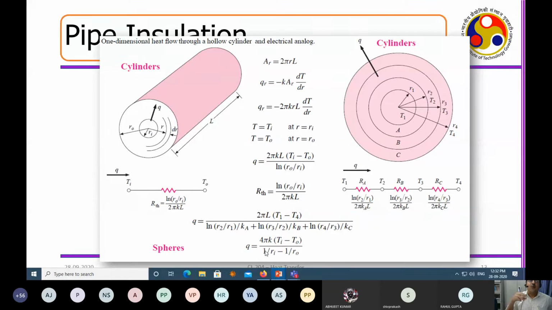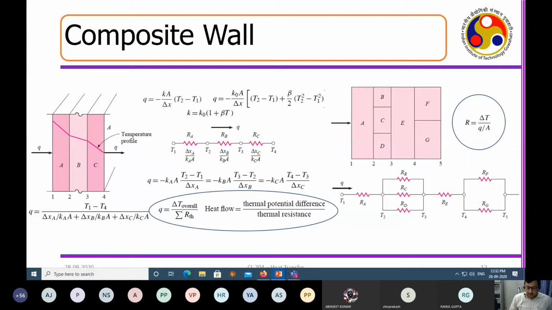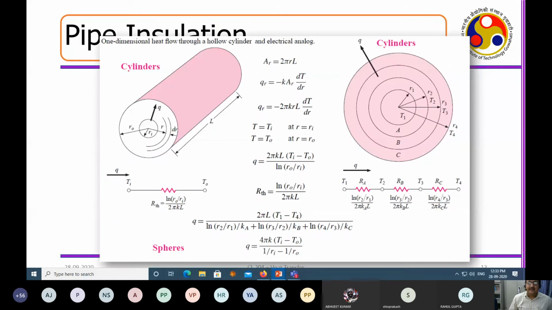One very important aspect from these two slides is that although the resistances remain additive, geometry has a huge influence on the type of equation that you obtain. And that's very important in terms of calculation of the driving force, which remains the highest to lowest temperature. But the resistance has a huge dependence on the geometry of the material.